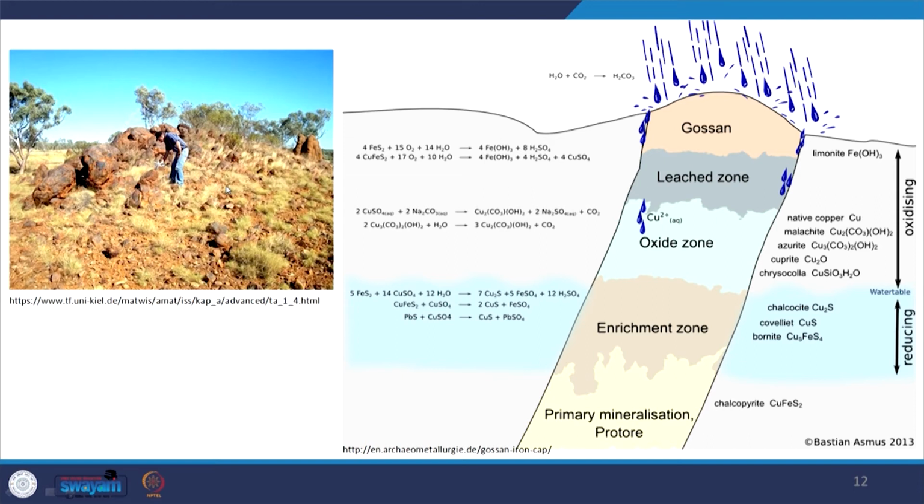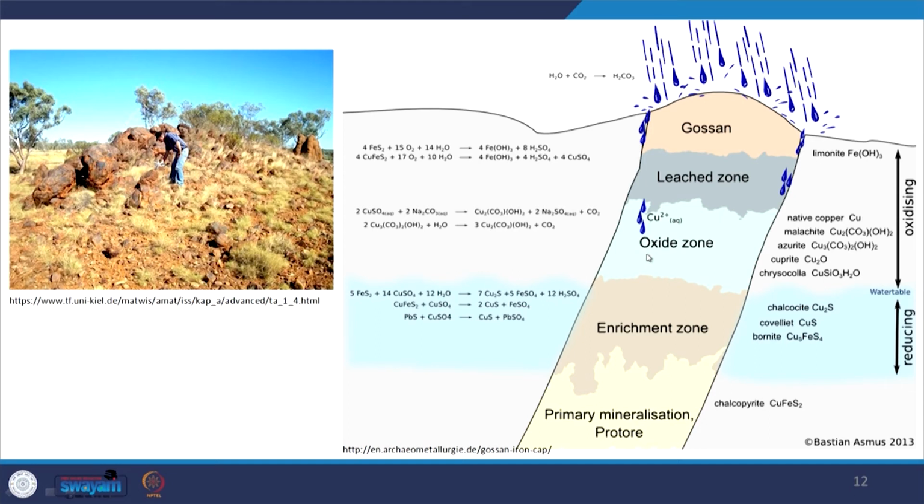If you see this profile of the gossan, firstly due to rain and chemical weathering, oxidation takes place here, and some of these minerals which are not stable in this geochemical condition get dissolved and go down with percolating groundwater.